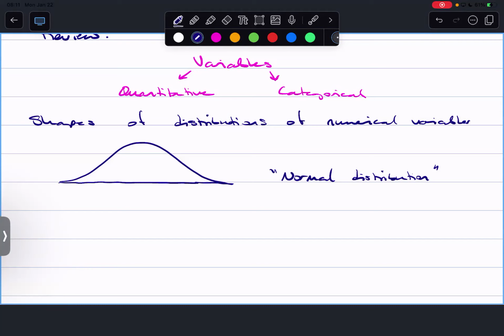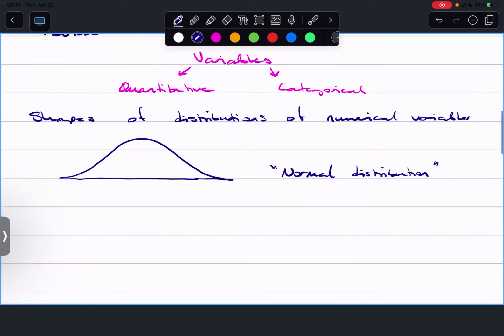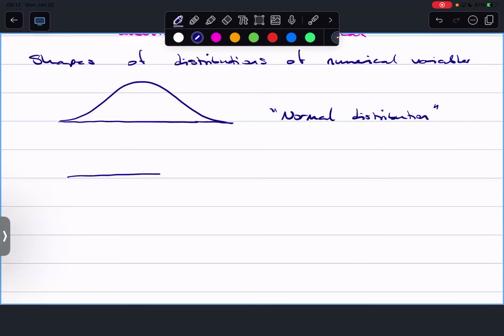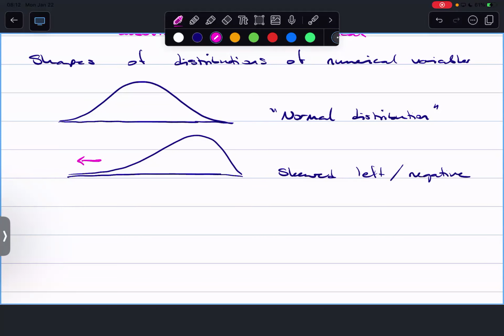So one peak, right? It can be skewed to the left if we have a tail to the left. It can be skewed to the right if we have a tail to the right. So this is skewed left, or if you prefer a negative skew, that's fine too. Just remember that it's skewed in the direction of the tail.